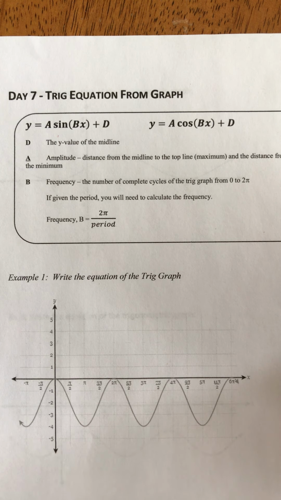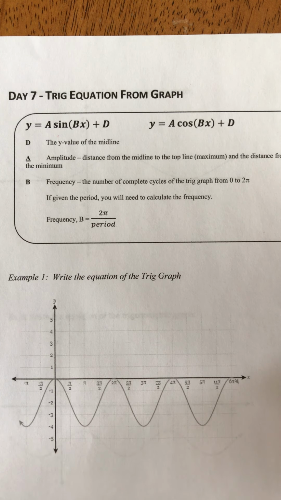The next thing I need to know on the graph is, is it a sine or a cosine curve? So we go to the y-axis and ask, where does the graph start on the y-axis? Here is where it starts. It starts on its top line, or its maximum value, and then it goes down.